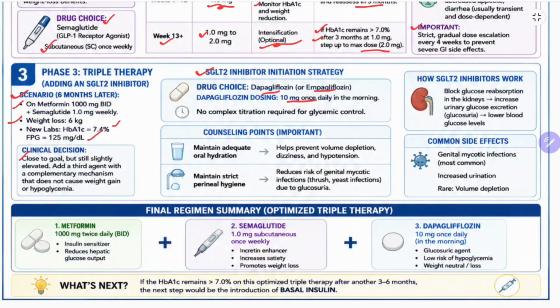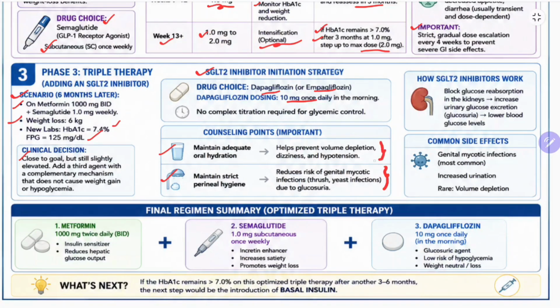Counseling points: the important point here is that SGLT2 inhibitors cause osmotic diuresis. That's why patients should be informed to maintain adequate oral hydration, and because glucose is excreted more through urine, patients should be informed to maintain strict perineal hygiene. This will reduce the risk of genital mycotic infections like genital thrush, yeast infections due to glucosuria.